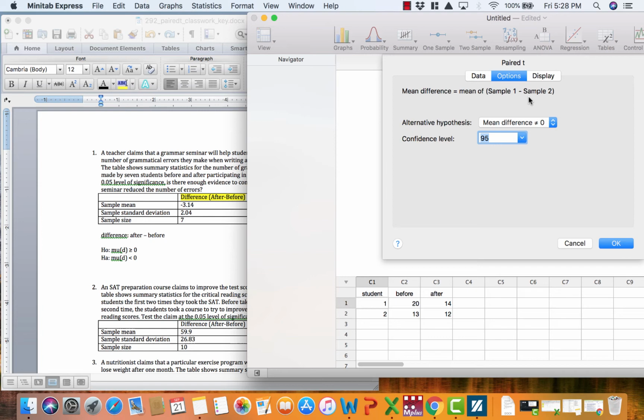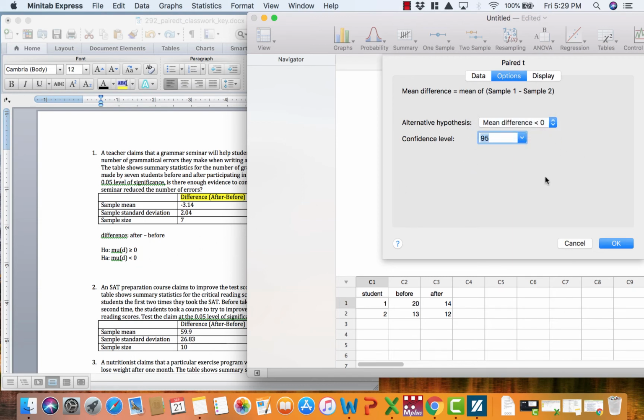For these problems, we are not going to need to, since in giving you the summarized data, I've taken that away. But when we actually have columns of data, we have to pay attention to how Minitab defines the difference. Our alternative hypothesis here is less than 0.